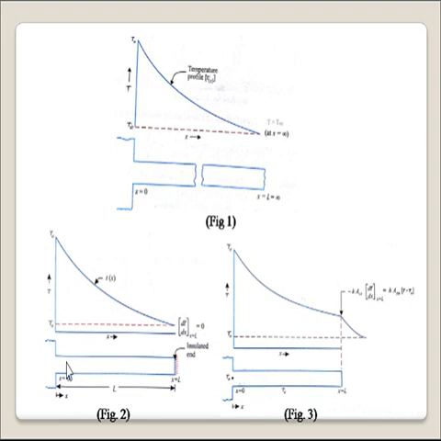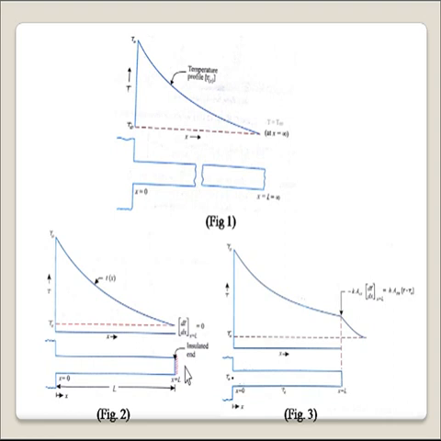This is the second fin, the short fin with insulated tip. So there is no heat transfer from the tip, meaning Q is 0, and Q is given by Fourier's law, minus K A dt by dx equal to 0.